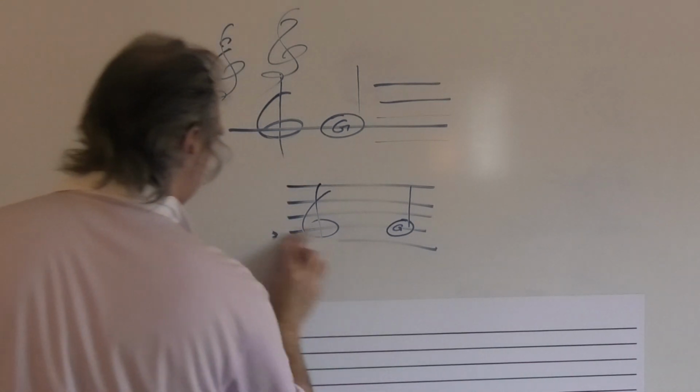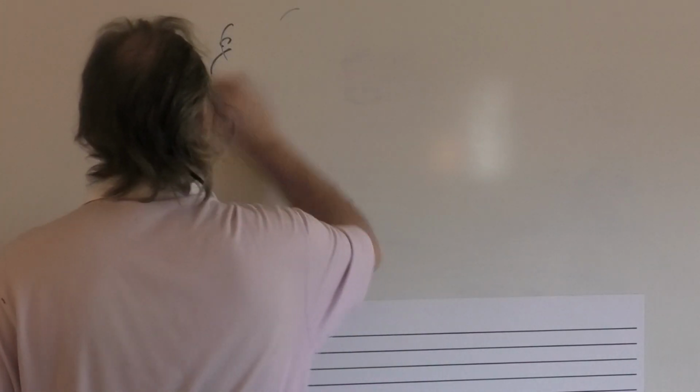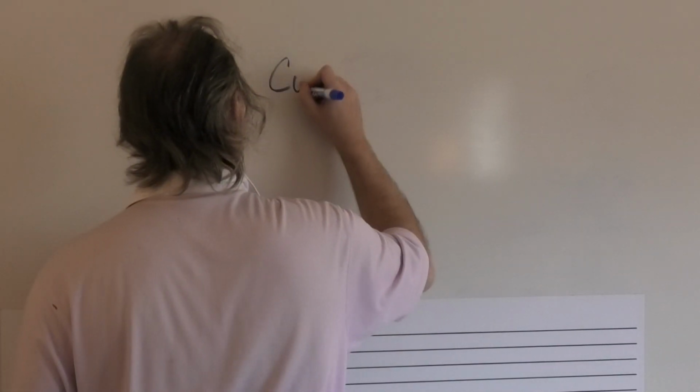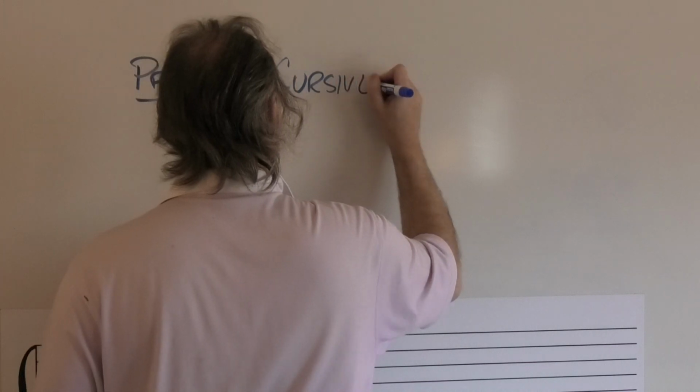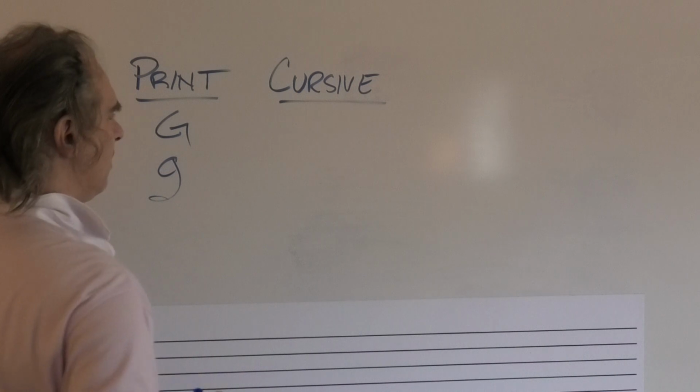Now let's look at these words. Actually, before we do that, why does this represent G? Let's look at print and cursive. This is how you draw a G in print.